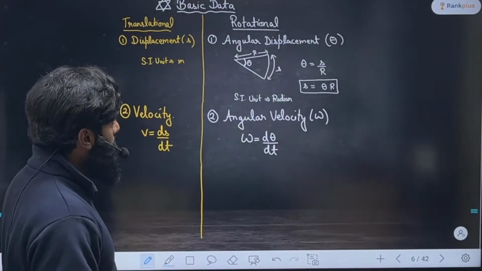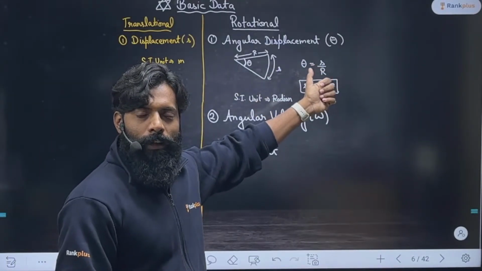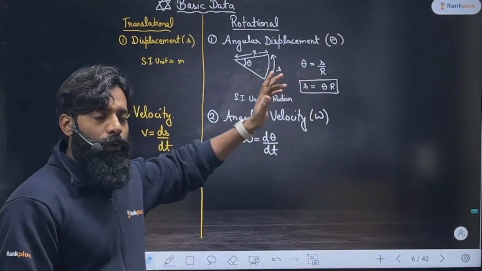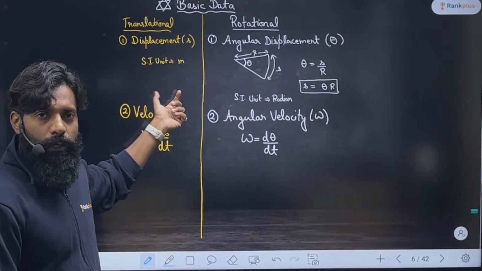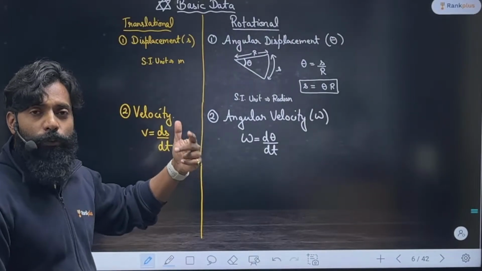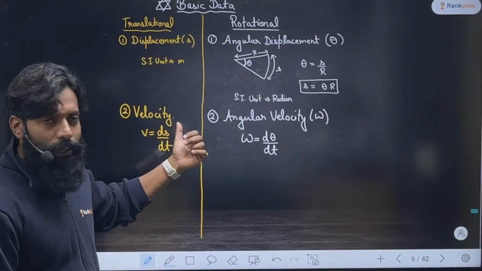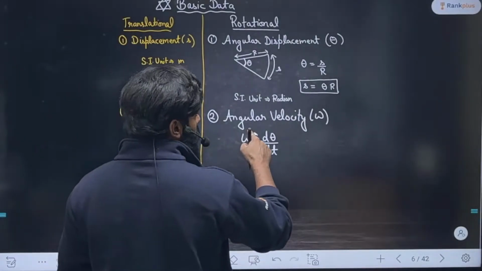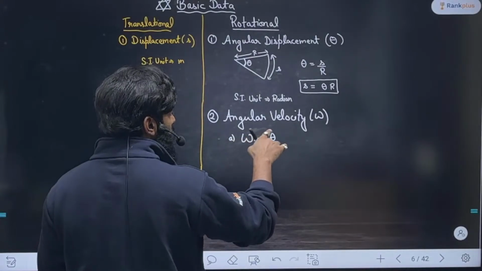It might happen that you will be getting an equation for the angular displacement similar to what we were getting when we were dealing with the numericals related to the displacement. And to get the velocity, we have to differentiate that and then put the values of t accordingly, right? Similarly here, if we have to calculate the angular velocity, we have one option to differentiate it.